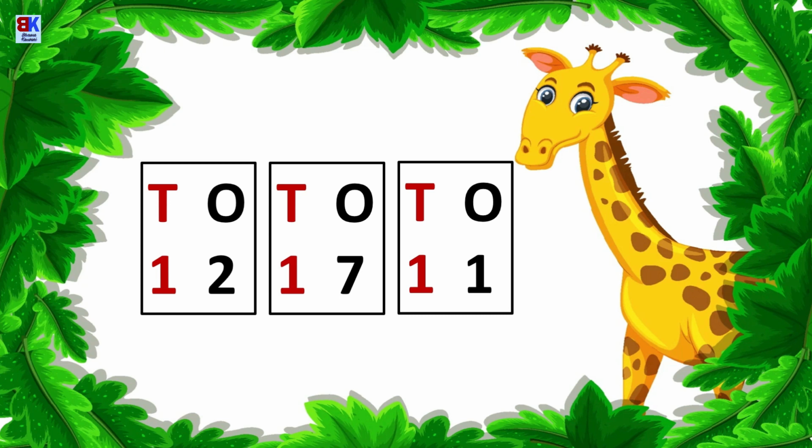Since there are only 1 tens in all the numbers, we go to the next rule. Compare numbers in the ones place. Here, the greatest number is 7 and the smallest is 1.